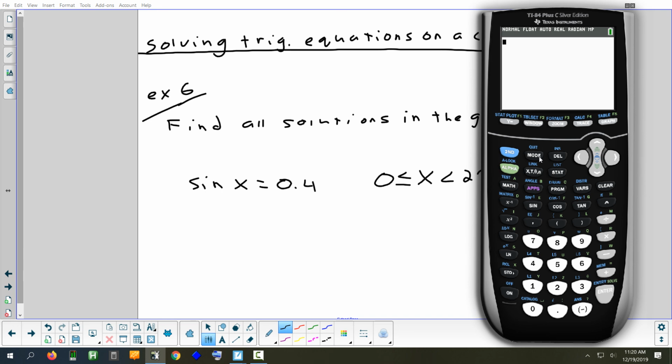If I take the inverse sine of each side, that would cancel out sine, and x would be the inverse sine of 0.4. That's one of my answers. Notice I said one of my answers. There's going to be 2. The other answer would be pi minus the first one.